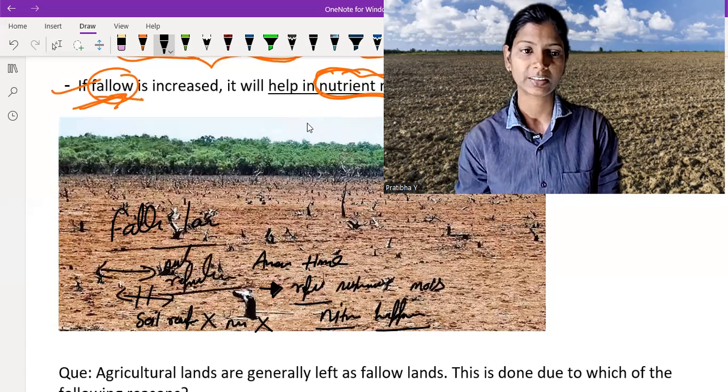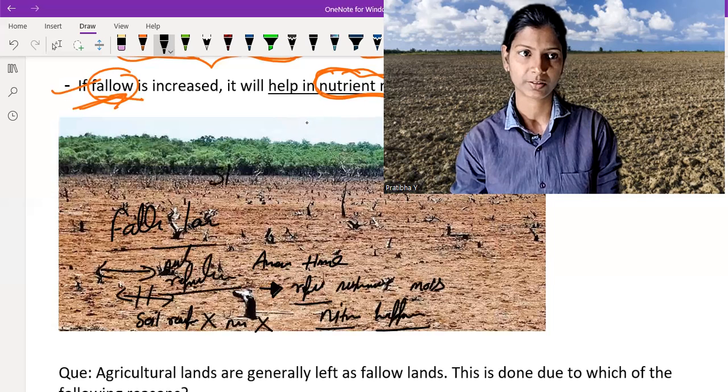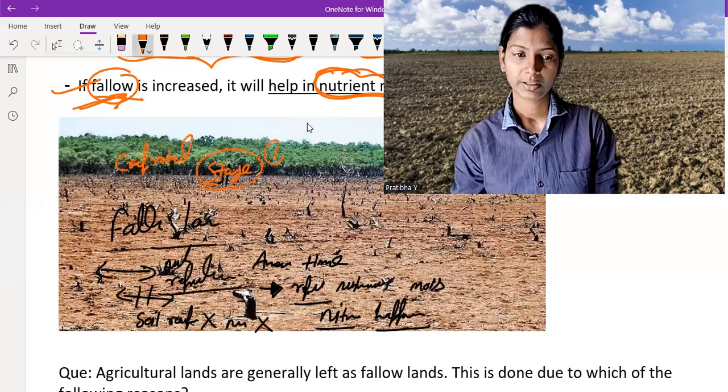It is a stage in crop rotation, and people fallow the land for two reasons.